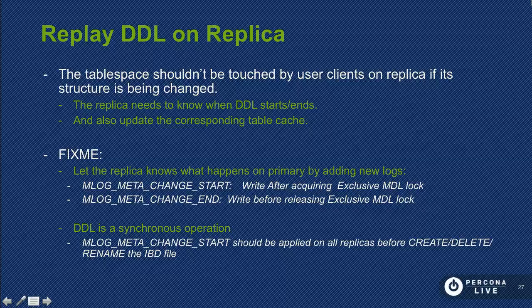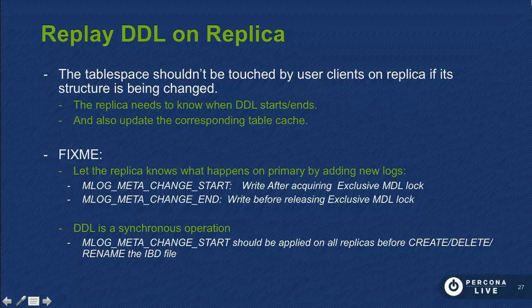While the structure of a table space is being changed on primary, this table shouldn't be touched by any user clients. On primary, we can guarantee this because there is the MDL lock on this table while the DDL is running.